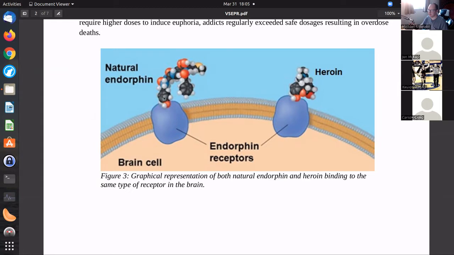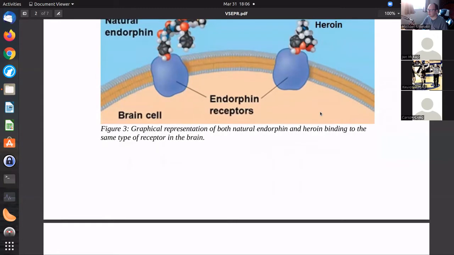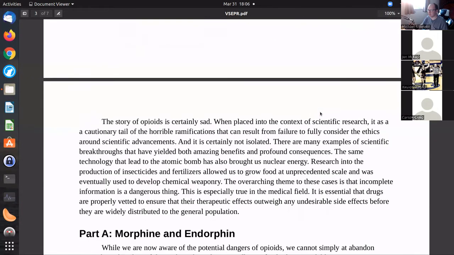So for that reason, the natural endorphin is going to come in, bind to this receptor, and be released. But heroin doesn't have that. Heroin can come in and bind to this receptor really, really tightly and not be released, which is really leading to an unnatural condition, right? And that's why it has the sort of effects that it does.